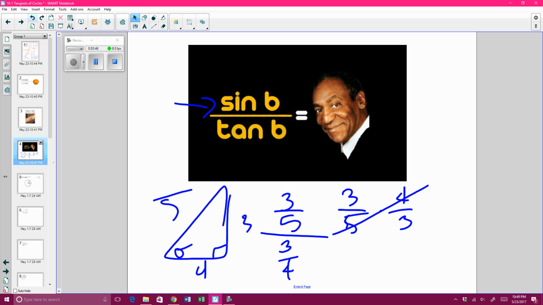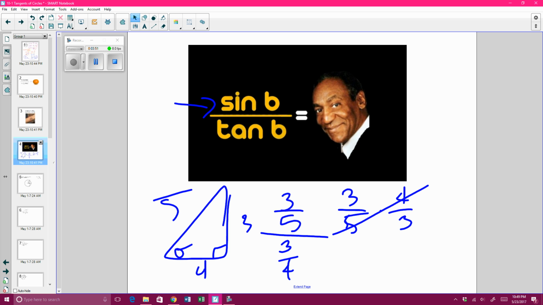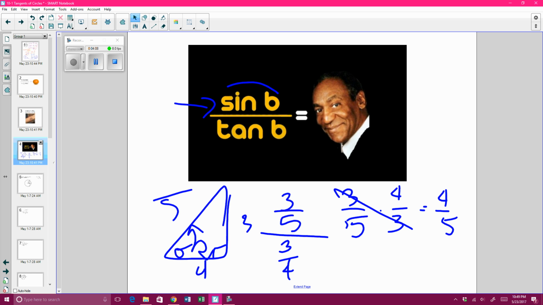It's very late. Go back. Uh-oh. 3/5 times the reciprocal of 4/3, I can cross simplify 3's, and therefore I would get 4 over 5. But what else equals 4 over 5? Well, it would be the adjacent over the hypotenuse, and therefore the sine of b over the tangent of b equals the cosine of b, or cos b, Bill Cosby.